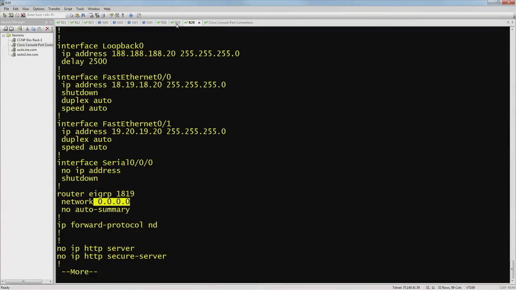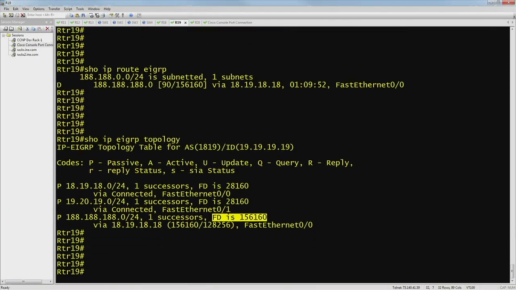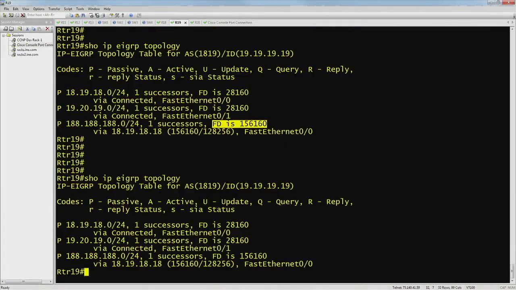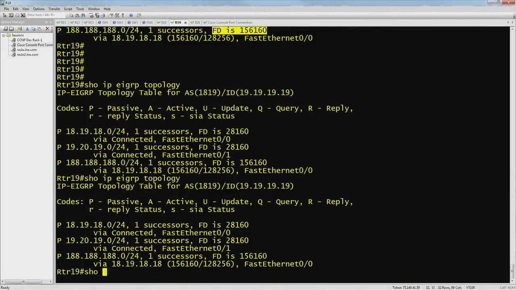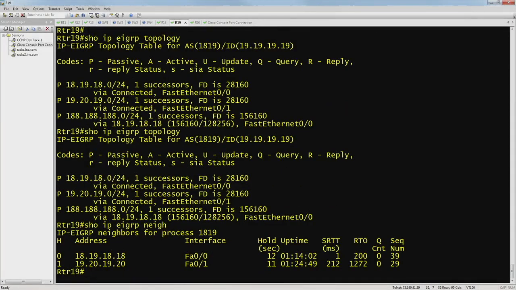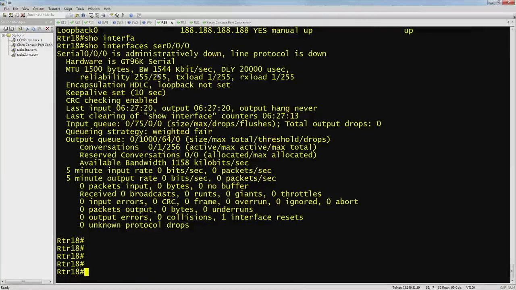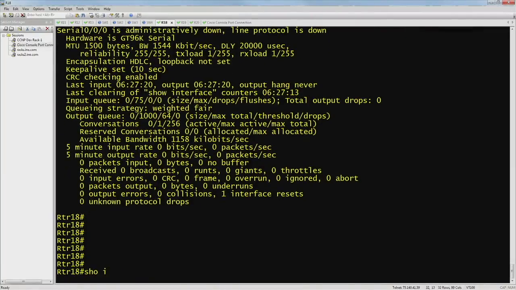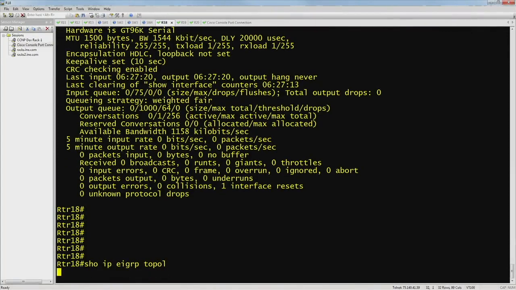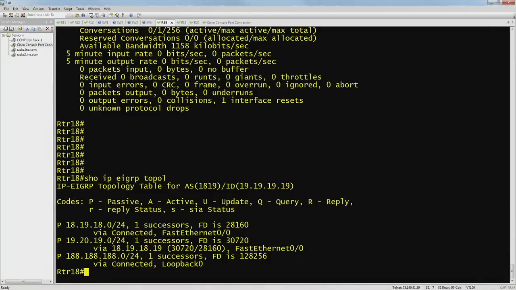Okay, so now let's go back to R19. Take a look at his topology table. Does he still have that neighbor? He does. Oh, do we still have the same issue of duplicate router IDs? I may not have, see, 19, yeah, this should not be 19.